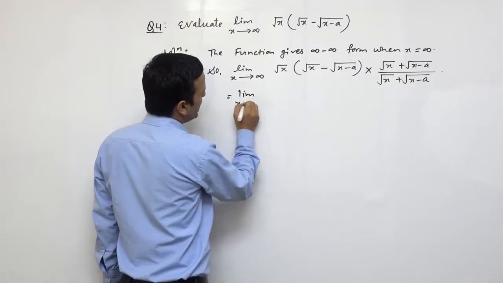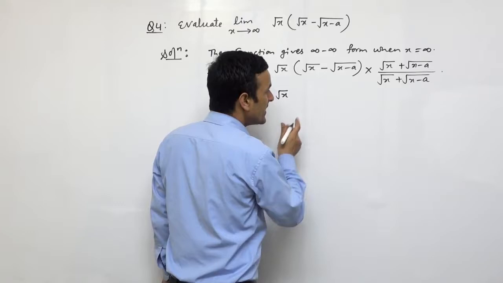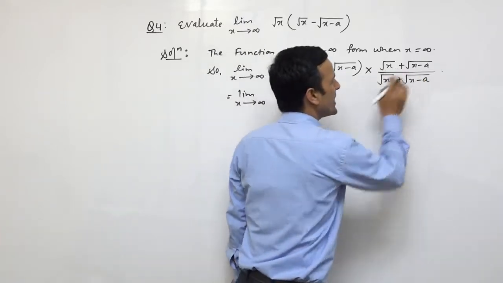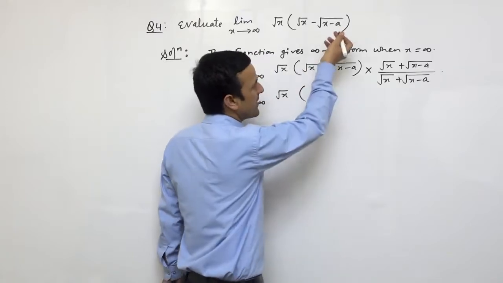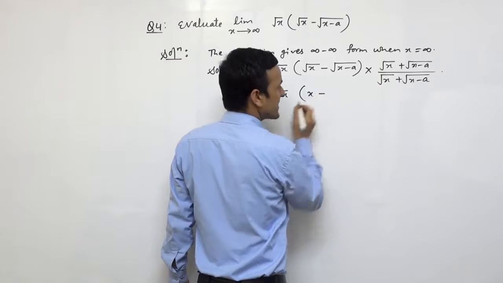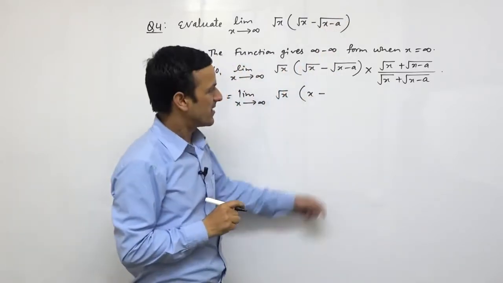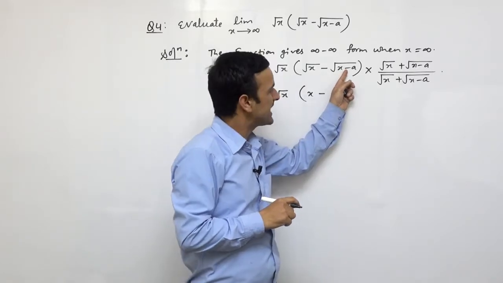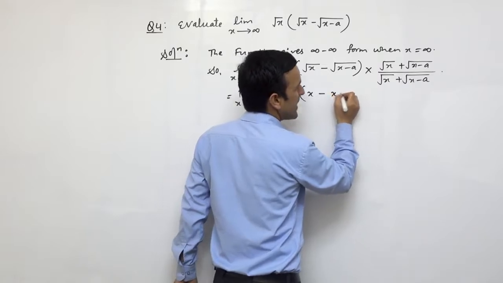So what will happen? What is our next step? Then root x is the same, and it is (a minus b) into (a plus b). So a square means root x square, this means x. Root x squared is x. Similarly, root x minus a whole squared is x minus a.